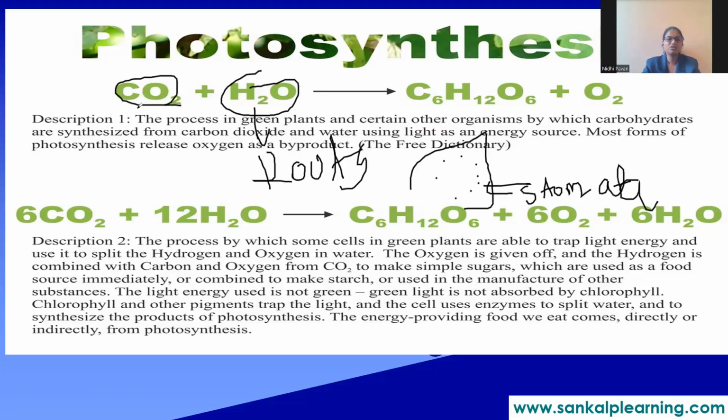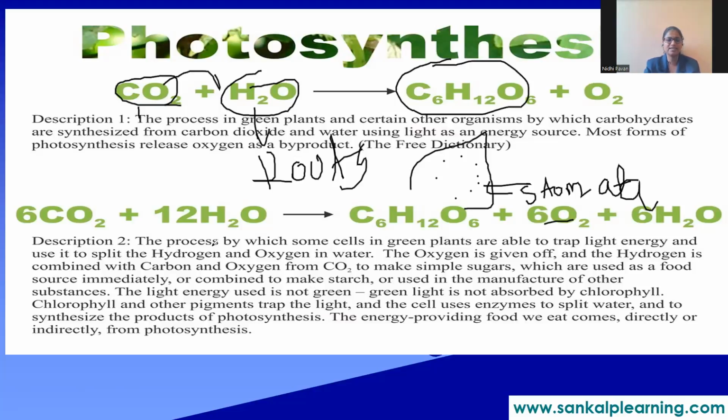So the carbon dioxide will be taken in by the stomata, and water is absorbed by the roots. These two materials combine to give the product of photosynthesis, which is glucose, along with two byproducts, oxygen and water.